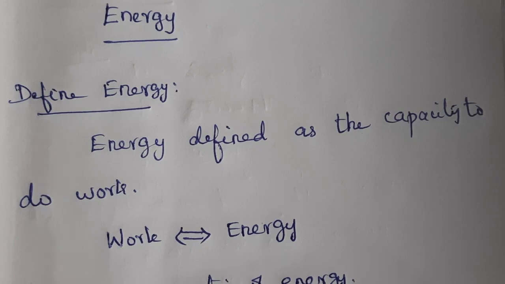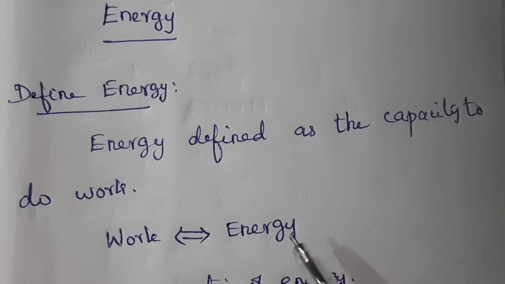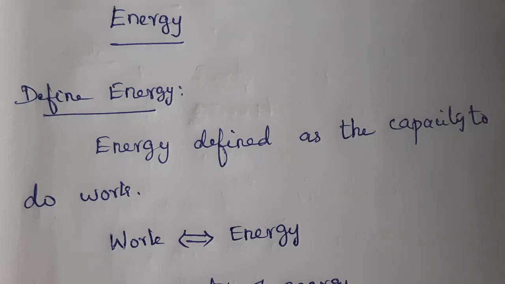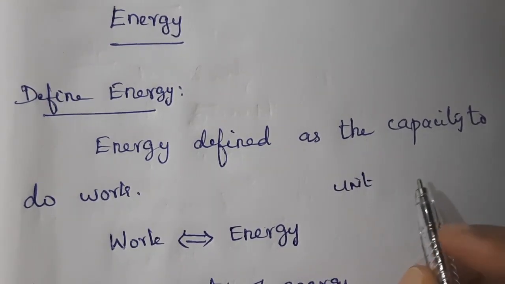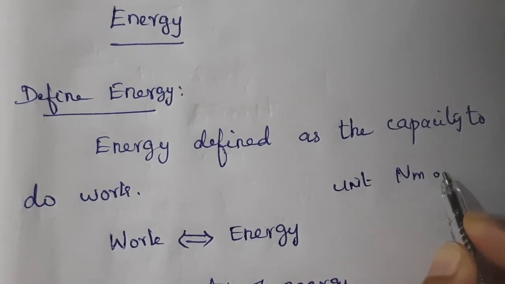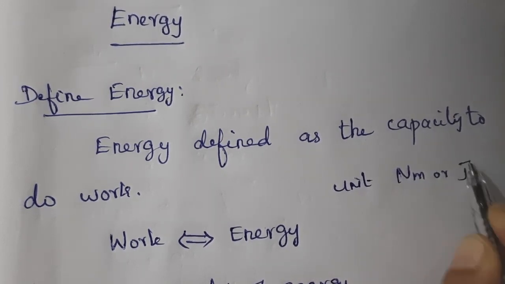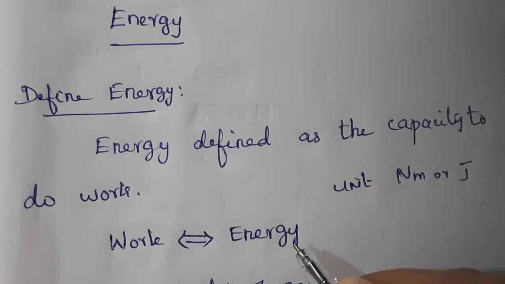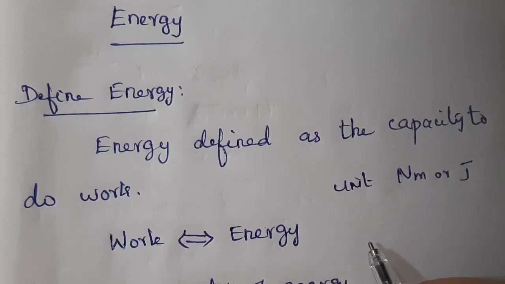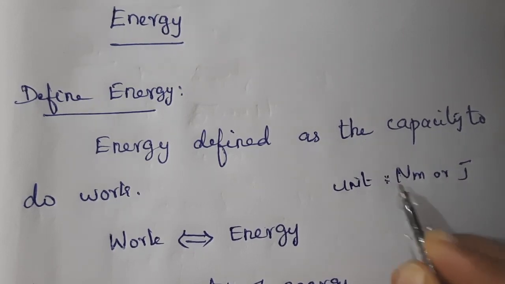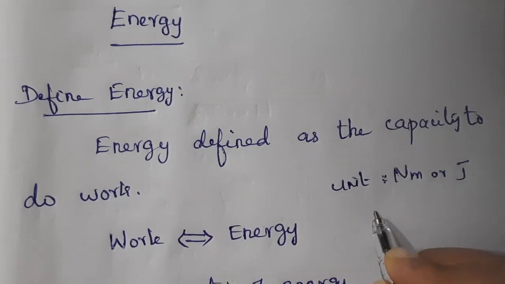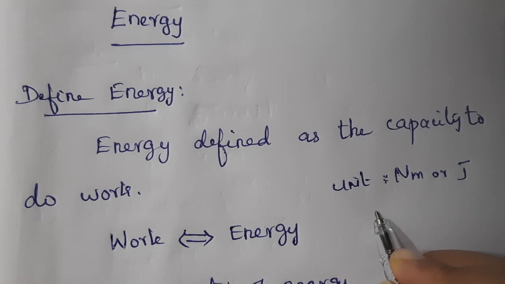So, work and energy have the same unit and the same dimensional formula. The SI unit of energy is Newton meter or joule. For work also the same unit, Newton meter or joule. And what is the dimensional formula for work? That is ML^2T^-2.